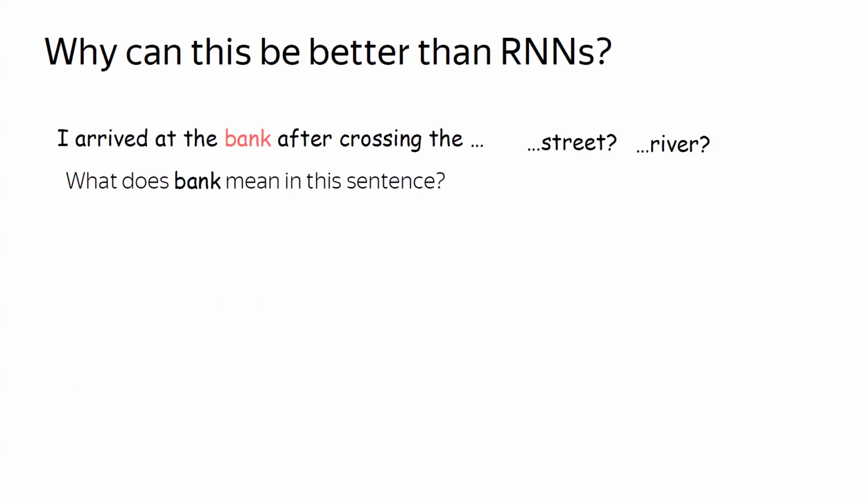The intuition behind this was that sometimes we have homonyms, when the same word has different meanings, like in this case, bank. Which bank? Bank of a river or bank with money. If we have just word embeddings, the word bank would have the same embedding.